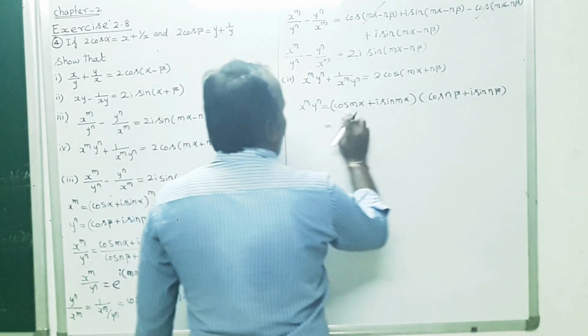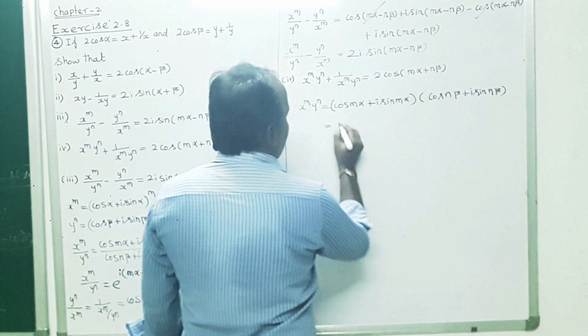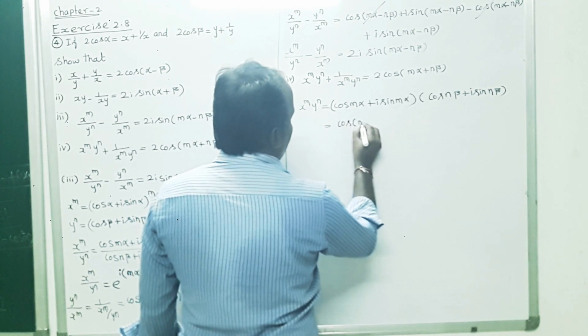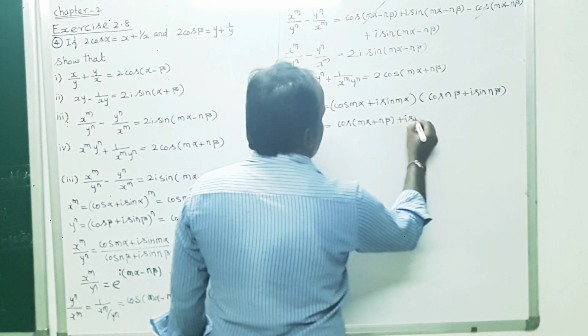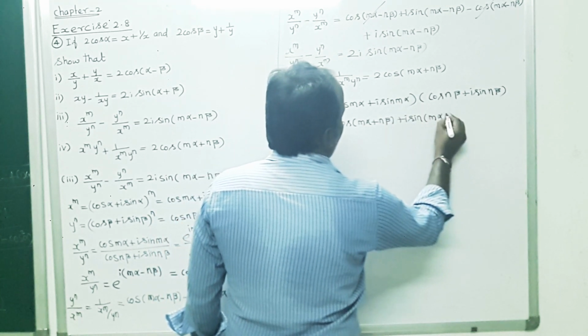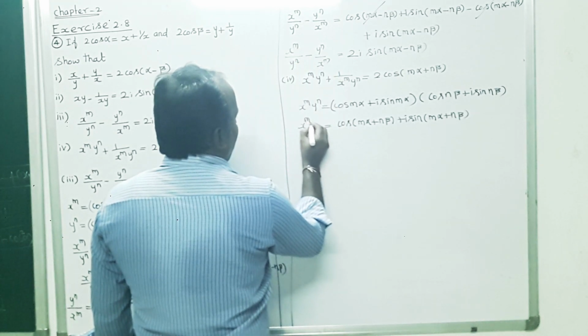So two complex polar forms multiplication, very easy. So adding the angles: cos of m alpha plus n beta plus i sin of m alpha plus n beta. So that is called x power m y power n.